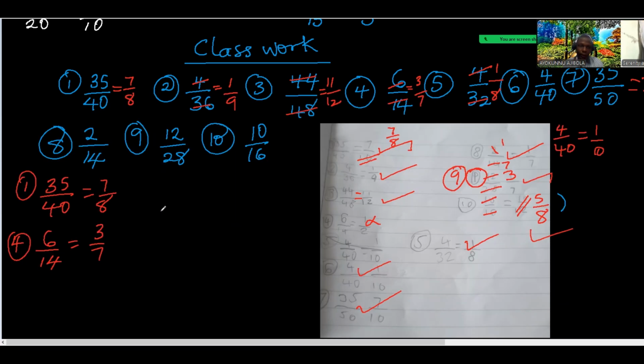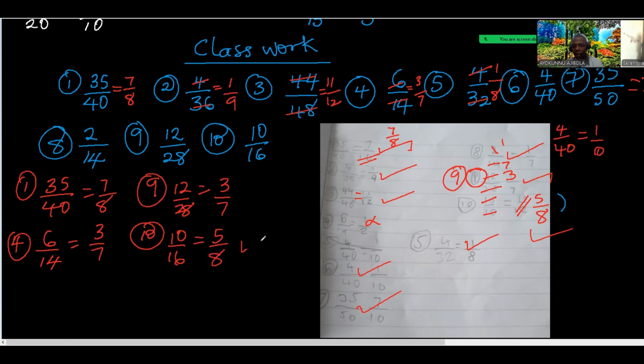Then you also need correction in number 9. Number 9 says 12 over 28, which means 4 in 12 is 3 and 4 in 28 is 7. And finally, you need a correction in number 10, which is 10 over 16. So you say, how many 2 in 10? That's 5. How many 2 in 16? That's 8. To lowest term.